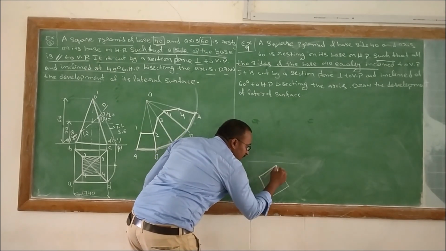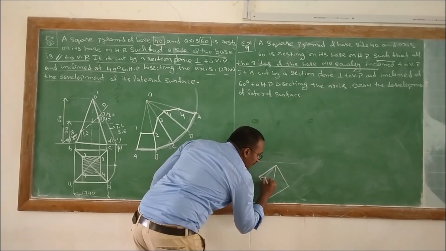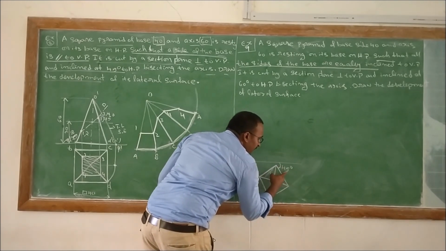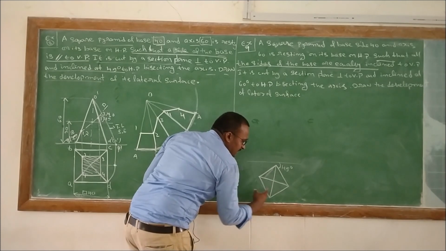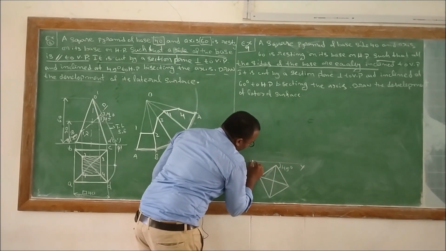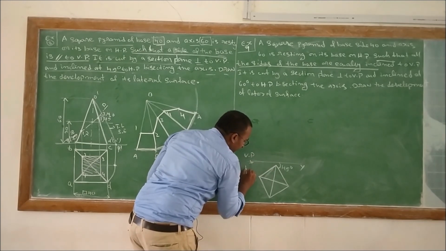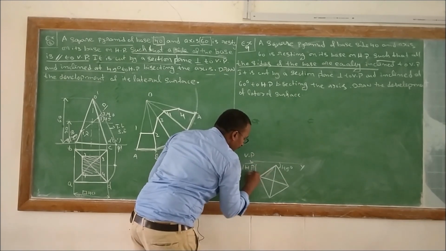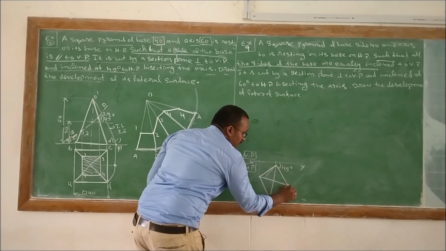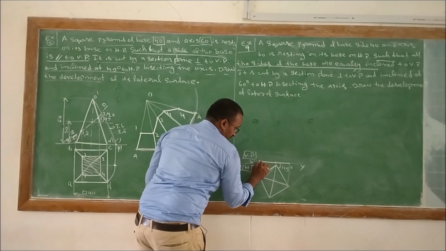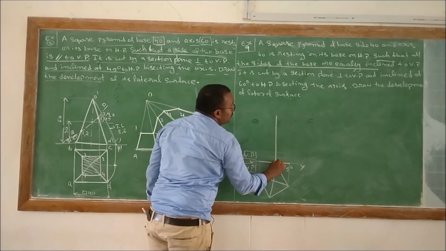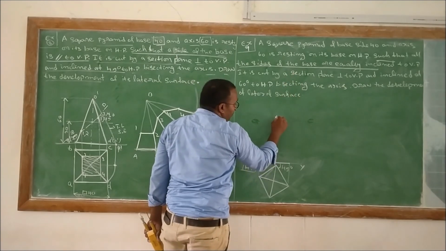So here it is a square pyramid equally inclined, 45 degrees and 45 degrees. All the sides are equally inclined to the XY line, that is the vertical plane. Here it is the horizontal plane. Then we need to project all the points upwards, and the axis height is about 60 mm.